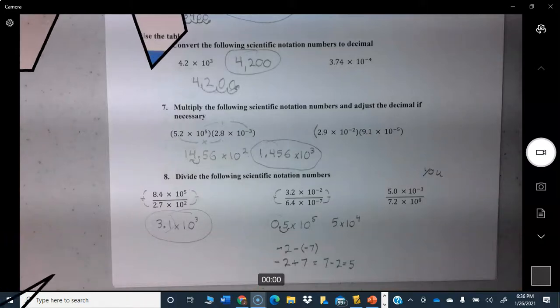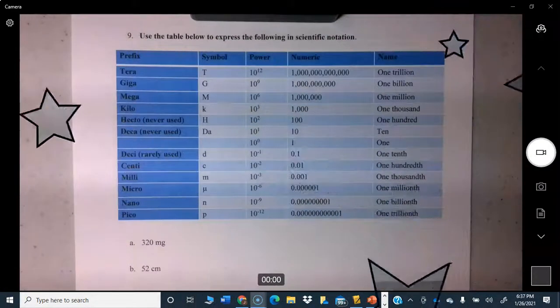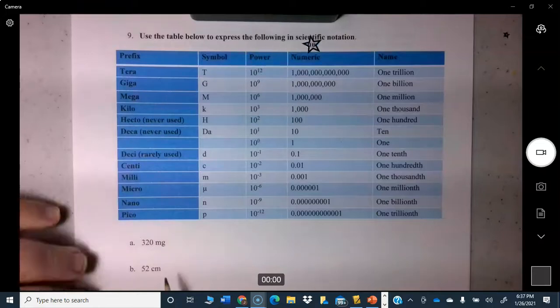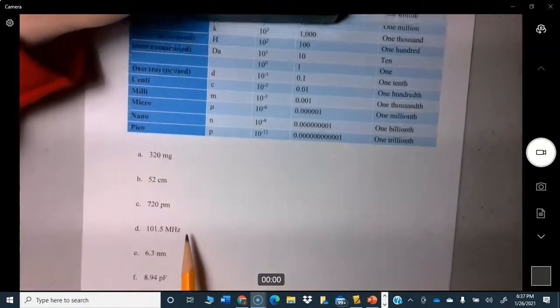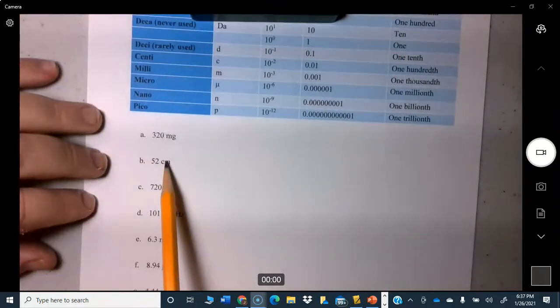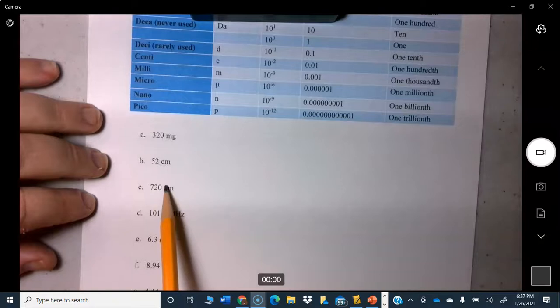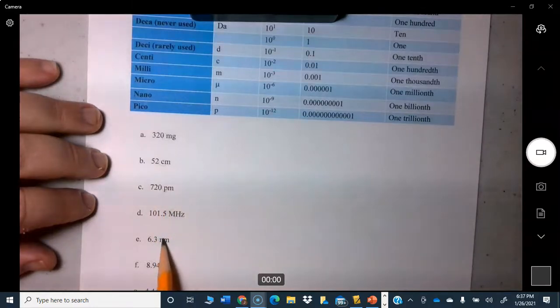Okay, now we're going to practice with some prefixes and units of measure, and you're going to convert these into scientific notation, all right? And again, the prefix, in this case, the M, the C, the P, the capital M, the small n, the small p, the small mu for micro.